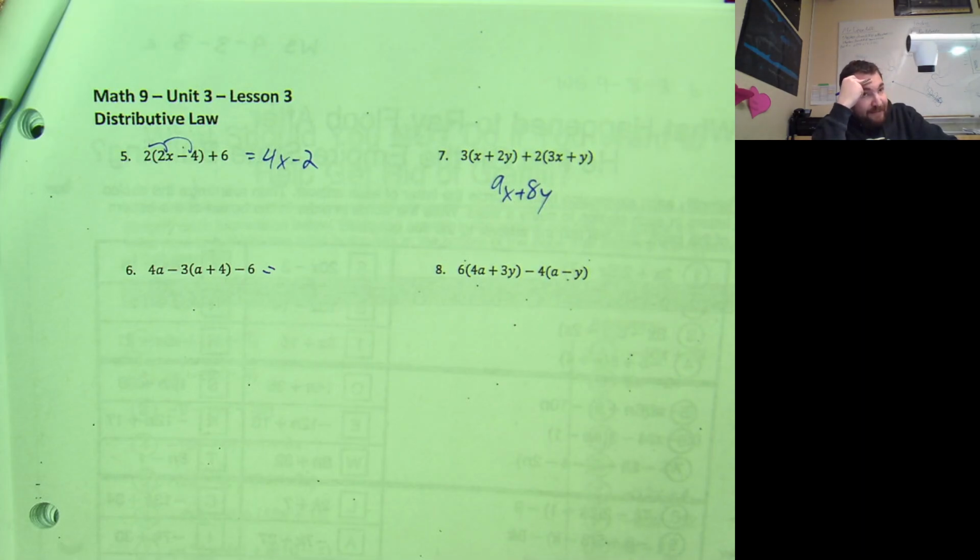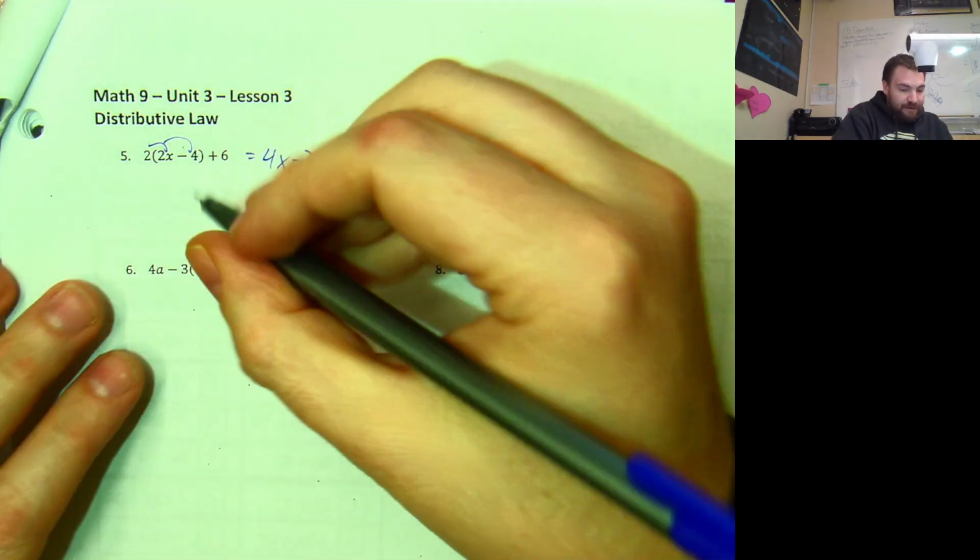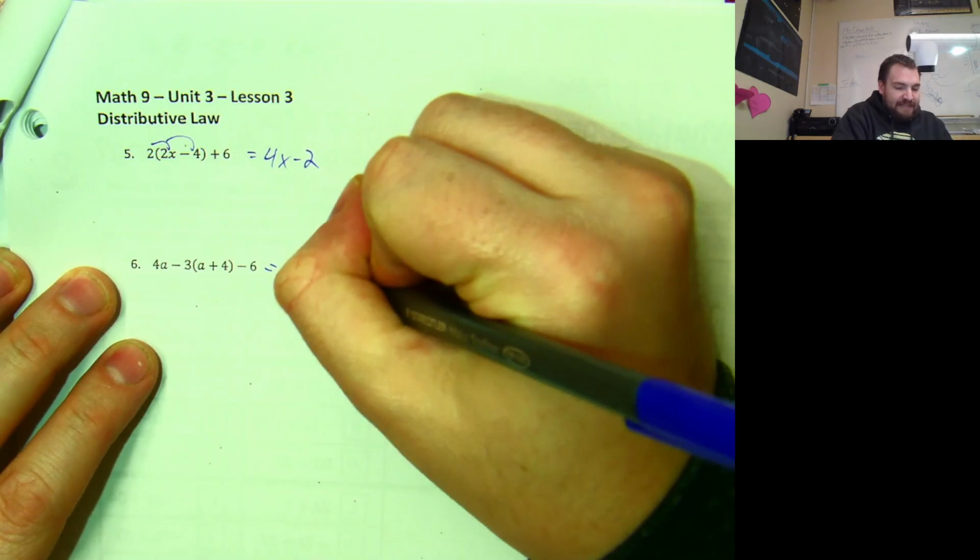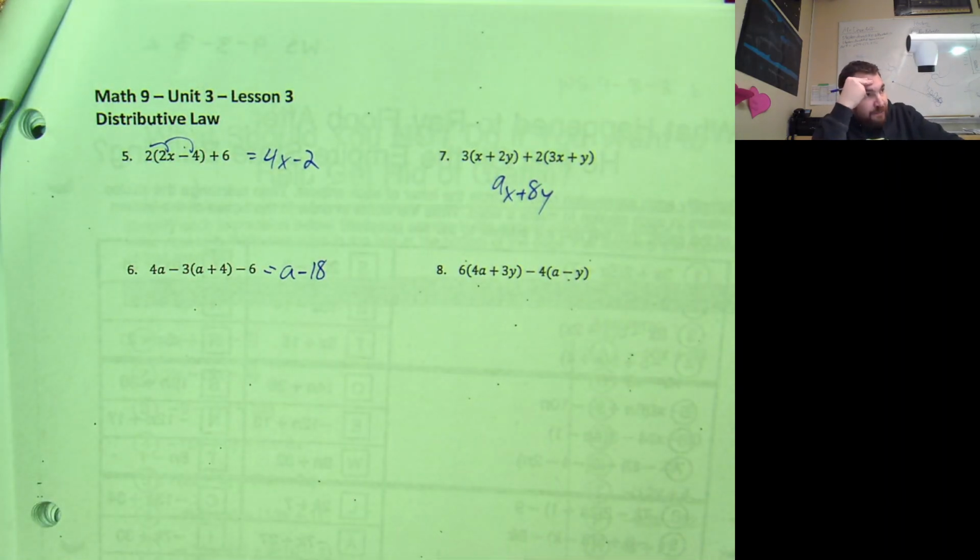Okay. Back to number 6. Yeah, what is it? Rhea? Sorry? It is A minus 18. Does anyone want me to go over how Rhea did that question? Yes, Nika. Yes, let's do it. So, Rhea, you want to explain? Tell me what you did.